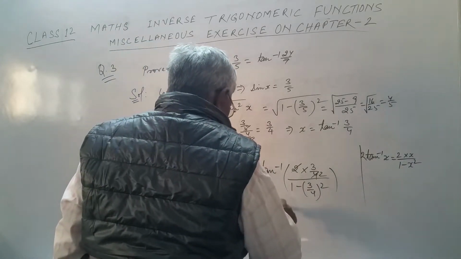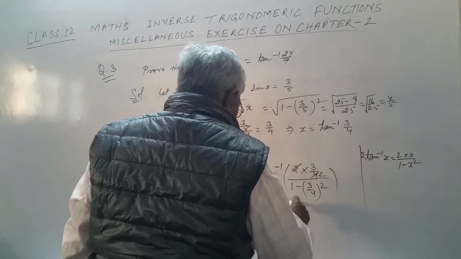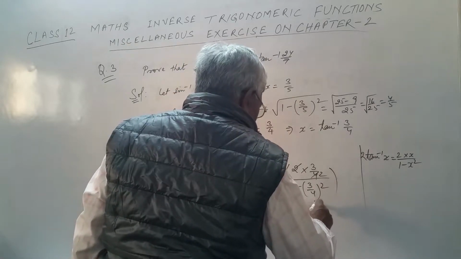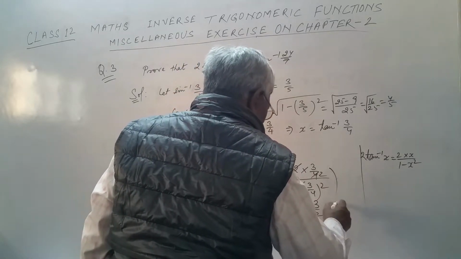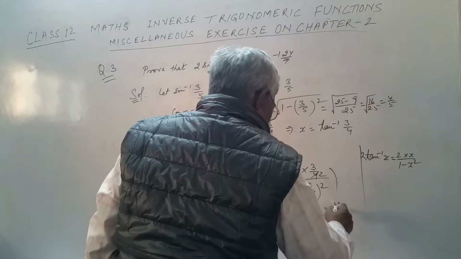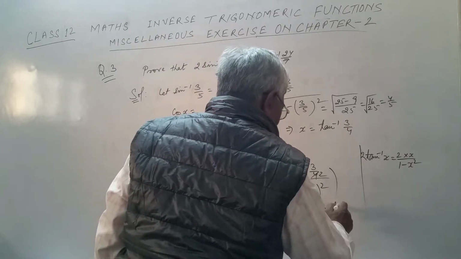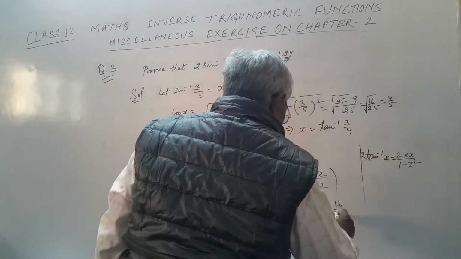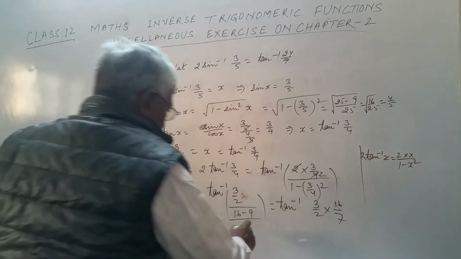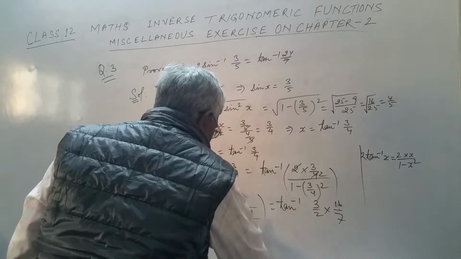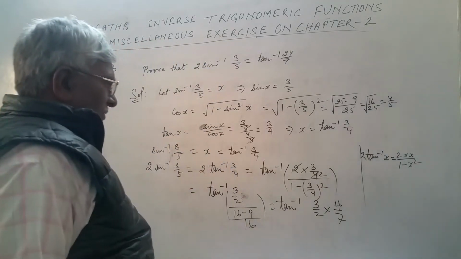Then this will give tan inverse 3 upon 2 into 16 upon 7.